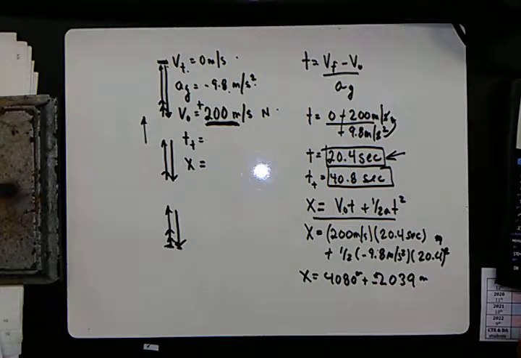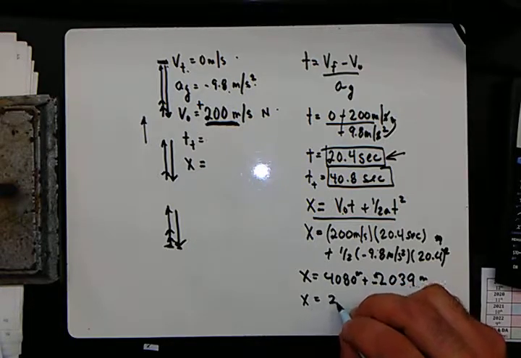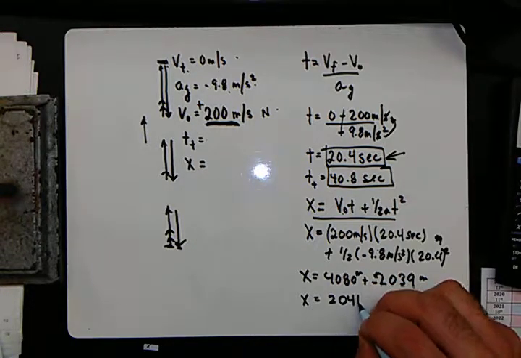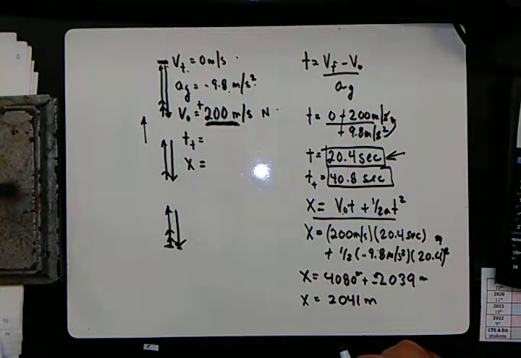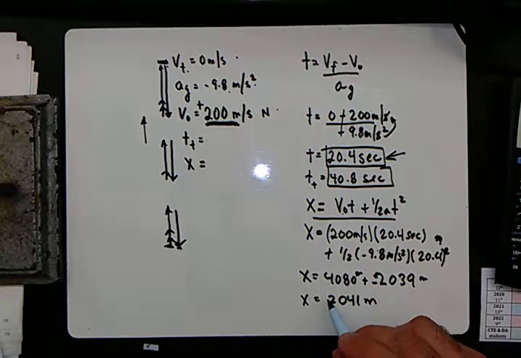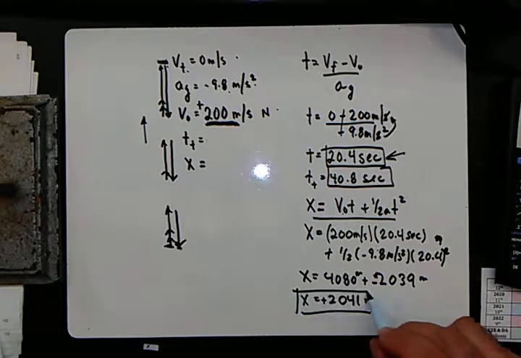So 4080 subtract 2039, and I'm left with the x displacement of 2,041 meters. So that gives us how high it goes, and we get a positive number, and that leaves it there.